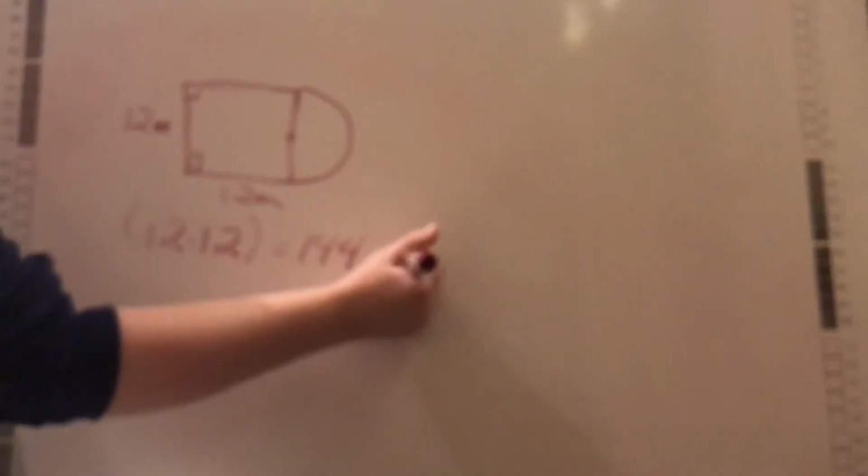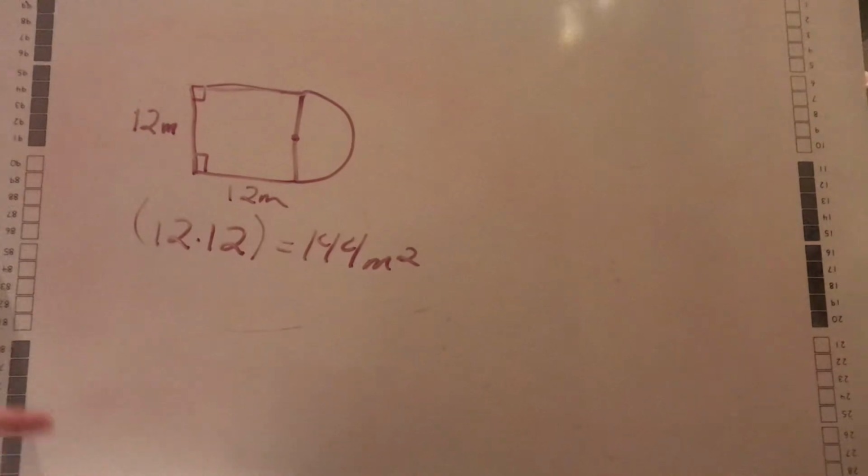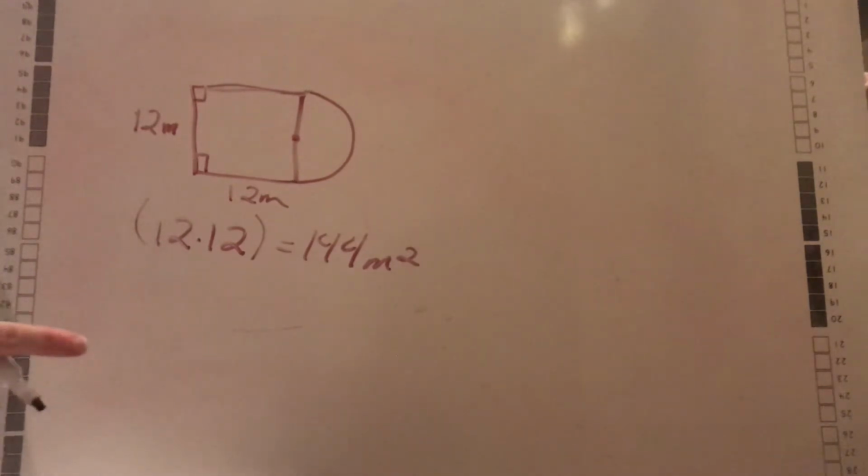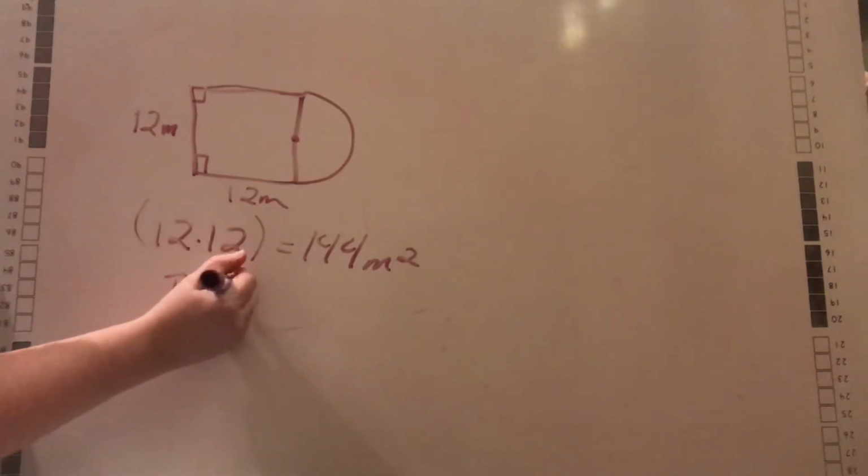144 meters squared. Now we're going to add to it this. Well, this is half of a circle, and we know from 9.2 that the area of a circle is pi r squared, right? So a circle is pi r squared.